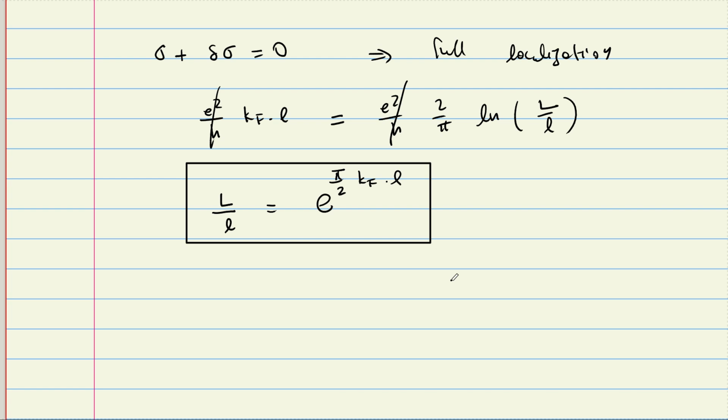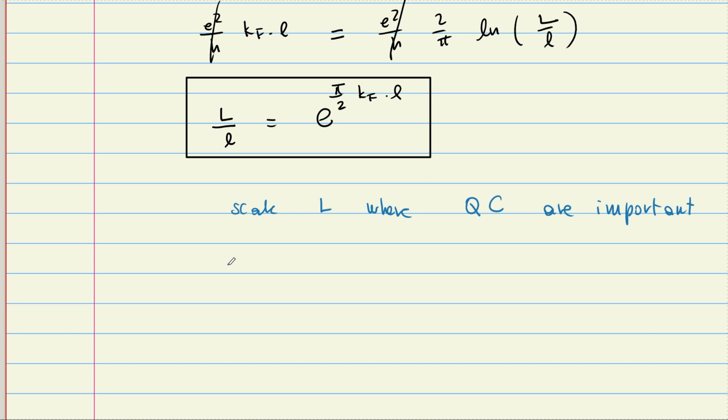So what this says is, okay, this is the scale L where quantum corrections are important, right? If you are below this scale, you don't have to worry about quantum corrections. But what does it tell us?